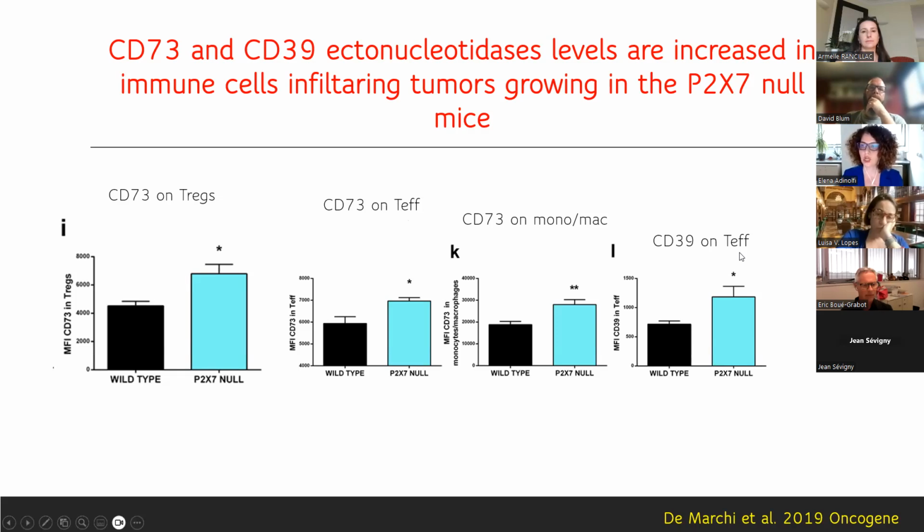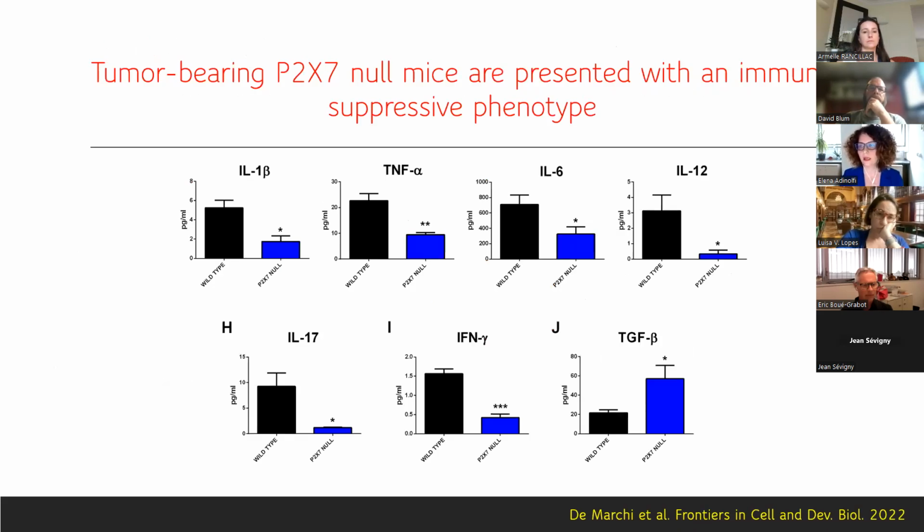So this data suggests that the decrease in extracellular ATP could be due not only to reduced secretion of ATP via P2X7 receptor, but also to increased activation of ectonucleotidases. This leads to a general immunosuppression in our tumor microenvironment. And indeed, this turned to be the case, as when we measured the serum levels of most of the pro-inflammatory and tumor-eradicating cytokines in our null mice, we could find a reduction of these cytokines.